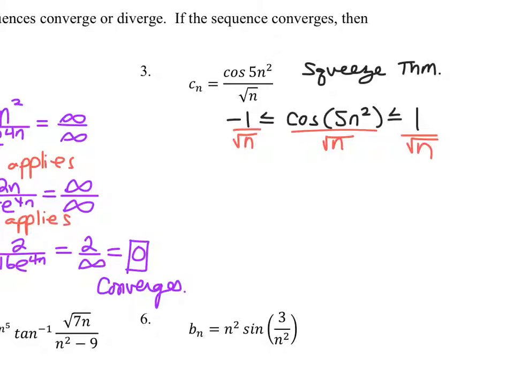Okay, so now what I want to do is find the limit of each part of this inequality as n approaches infinity, which is more writing than you want to do, but it's got to be done.